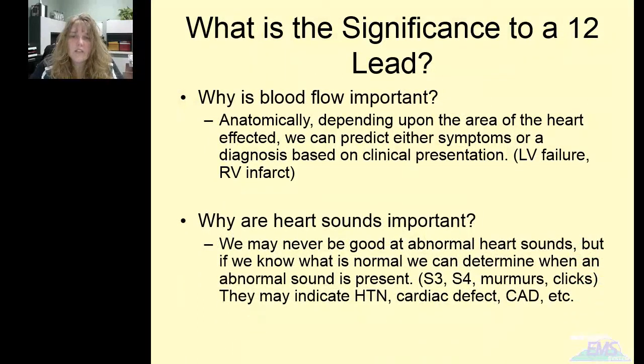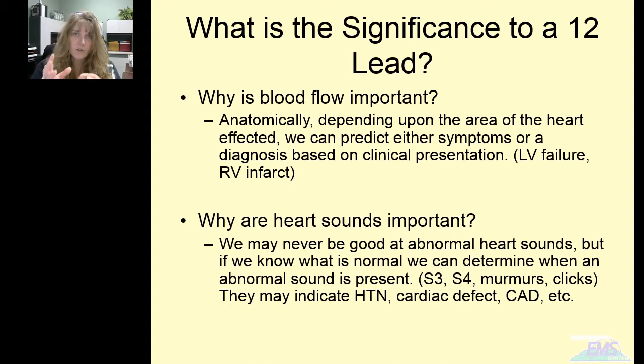So the significance to a 12 lead and why blood flow is so important. Anatomically, depending on the area of the heart that's been affected by an infarct or ischemia, we can predict either signs or symptoms or diagnosis based on their clinical presentation. So looking at left ventricular failure, you can actually identify in an EKG strip if you have ventricular hypertrophy or enlargement of the ventricles as a result of CHF.